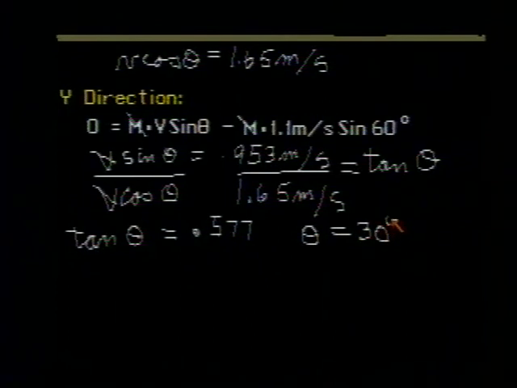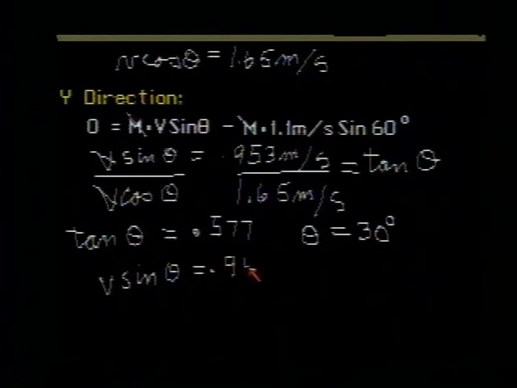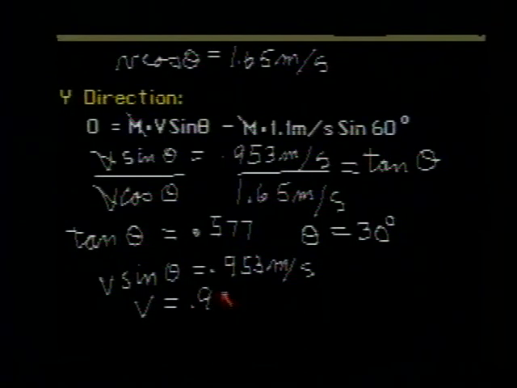We can now find v. If we take either of these equations, let's take v sine theta is equal to 0.953 meters per second. Solve it for v. V then is 0.953 meters per second divided by the sine of 30 degrees.